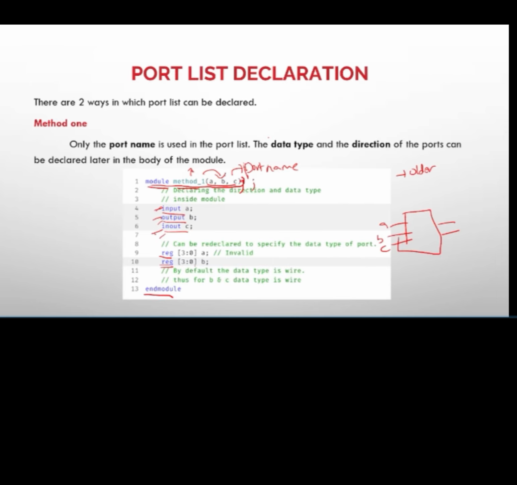Also, if you see the declarations here, you have seen some invalid things. Why is this invalid? Because A is input, and as I already told you before, input can't be declared as reg, so that is why this is invalid. B is output, so it can be declared as reg here.